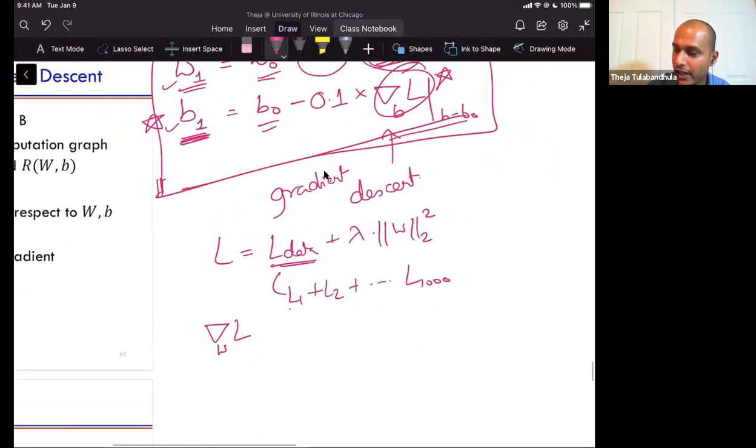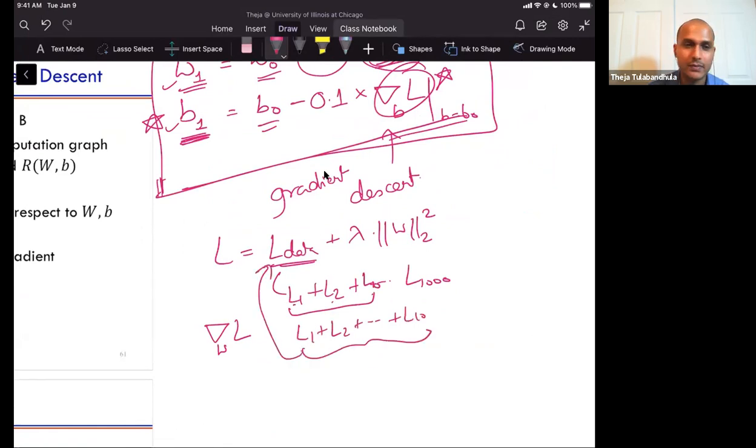I'll only consider, let's say, L1 plus L2 plus up to L10. I'm only going to consider this to be representing my data. That's a batch.